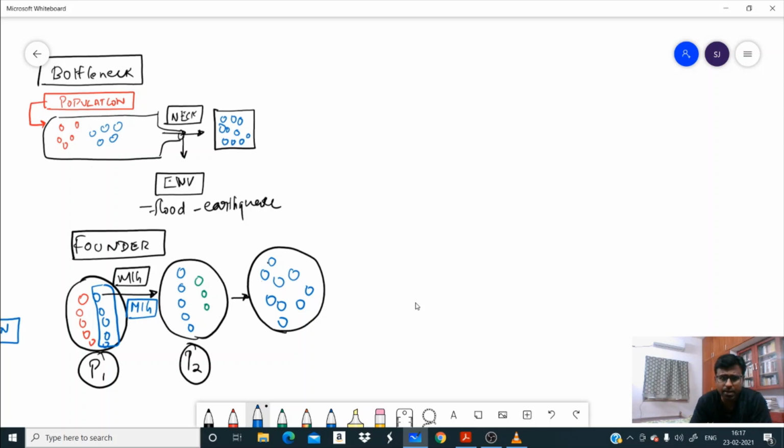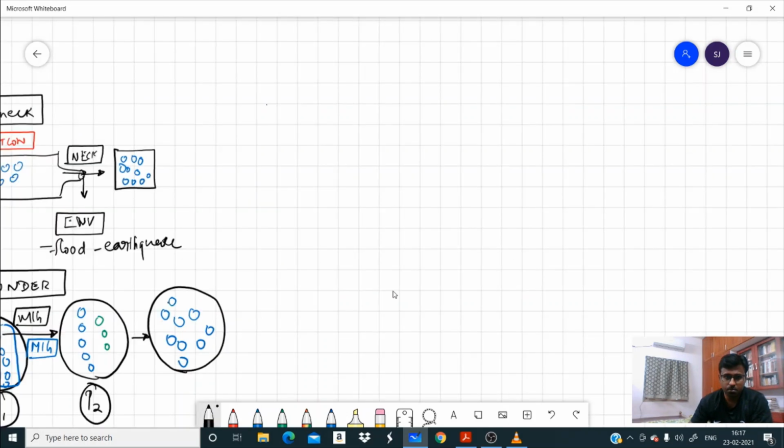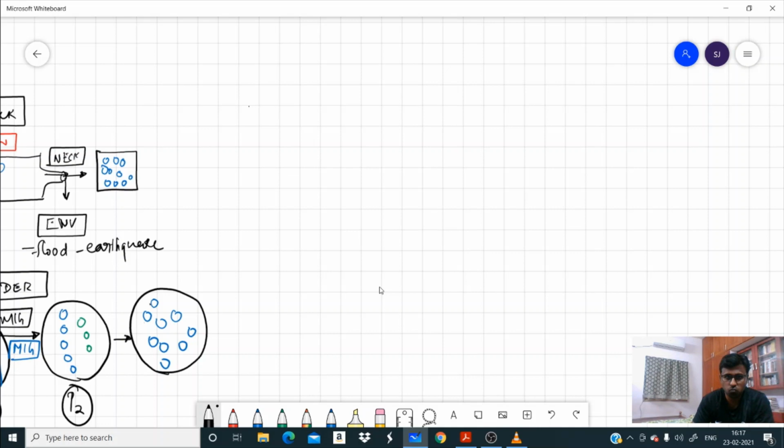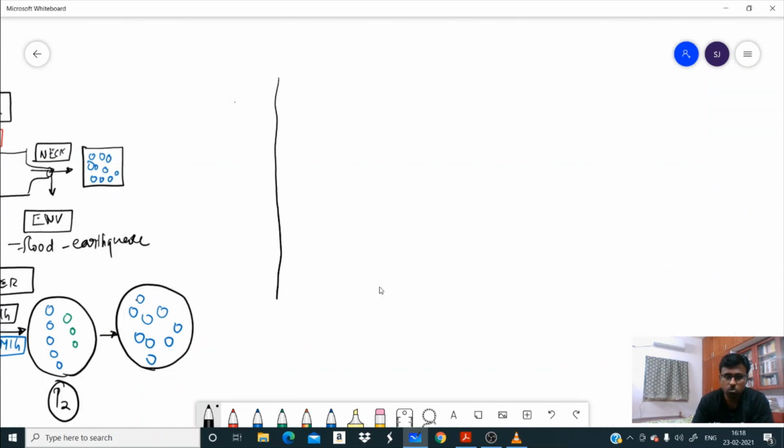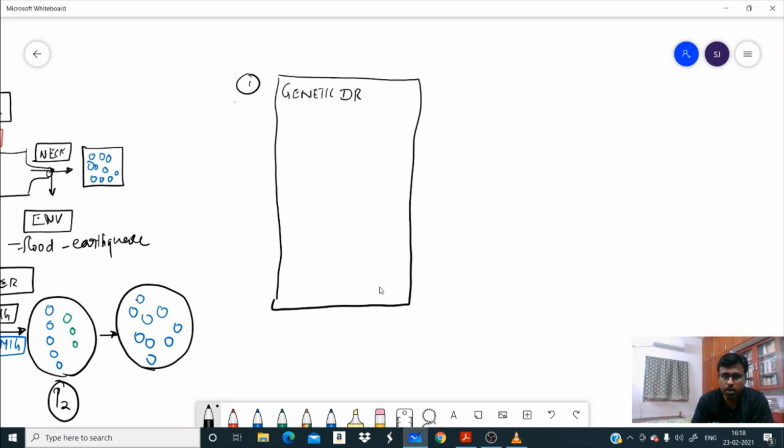But how to write the answer? Now we have to come to this factor of the answer. So how to write this answer? First is the definition of genetic drift: change in allele frequency because of some environmental catastrophe is genetic drift.